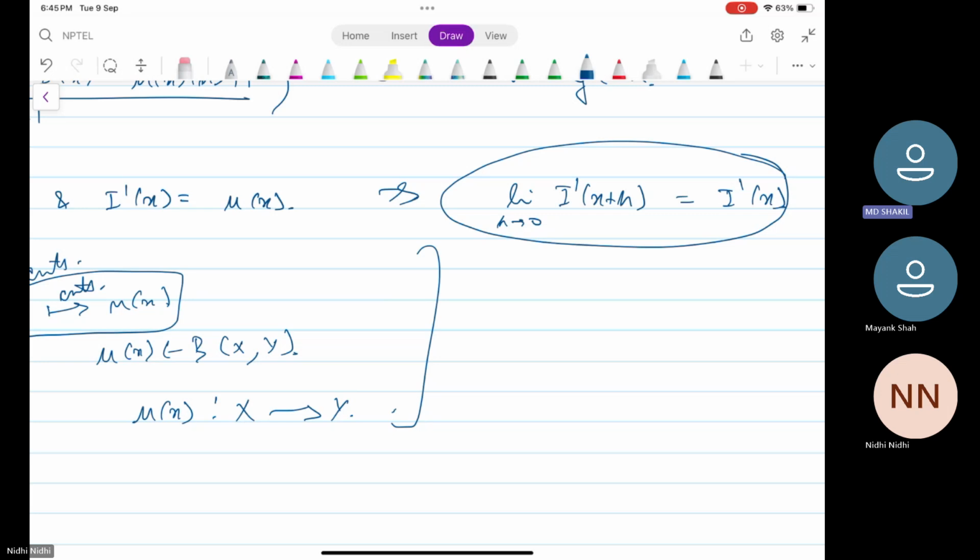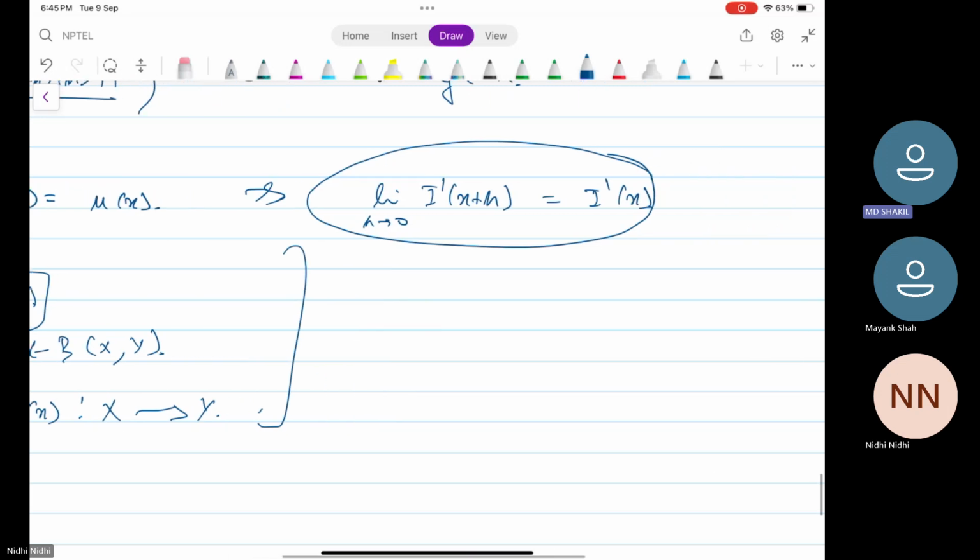I dash x plus h is u_(x plus h), and u is linear, so u_x plus u_h. Limit h tending to 0, this will be u_x plus h. This should be equal to u_x. We don't know whether x mapped to u_x is continuous or not.